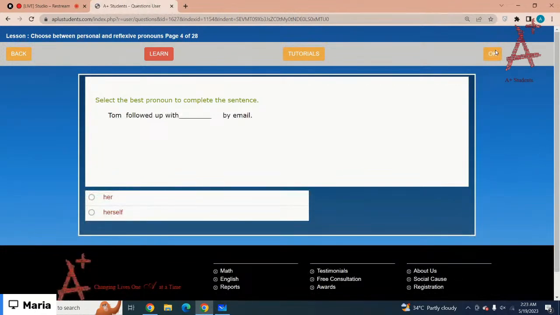Which is the correct option, her or herself? Tom followed up with her by email. The correct option is her, not herself.